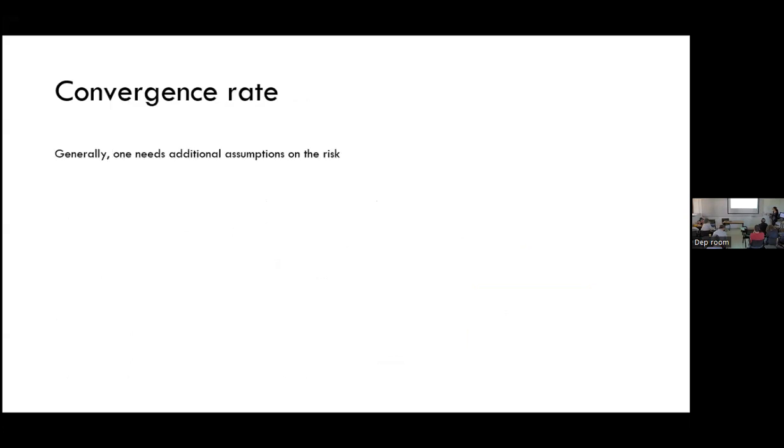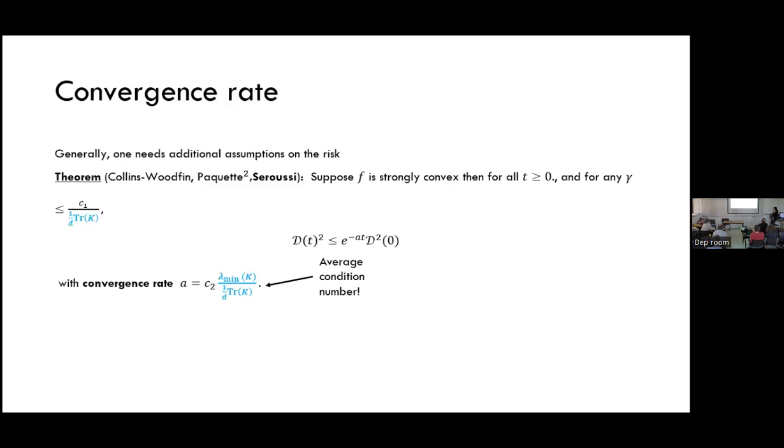We can also provide a convergence rate, but this usually requires additional assumptions such as convexity. When you do have convexity, we can show that the rate of convergence will be related to the average condition number of my covariance matrix, which is different from what you would usually have, rates connected to the condition number.